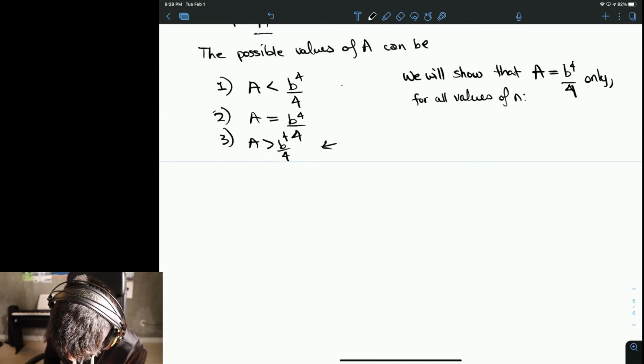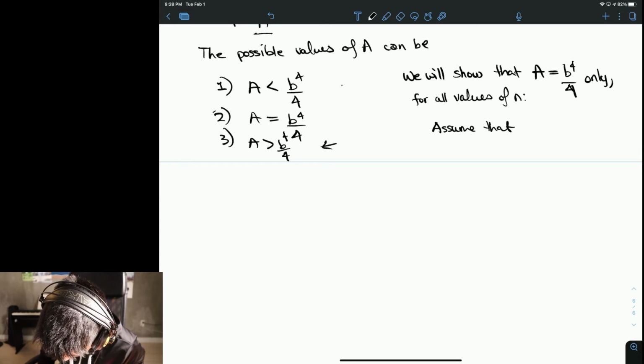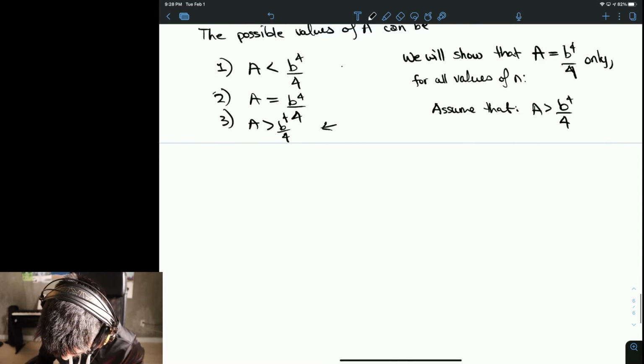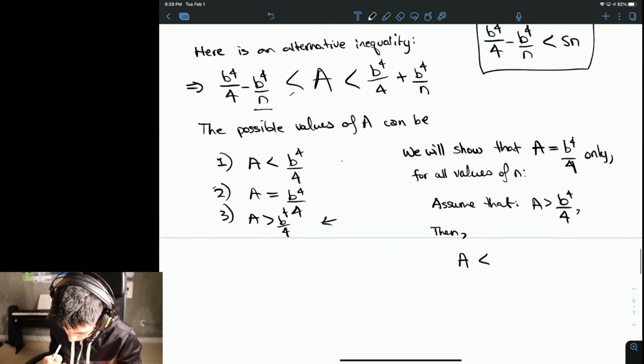So, assume that A is greater than b4 over 4. Then we can write A is less than... how do we want to do this?